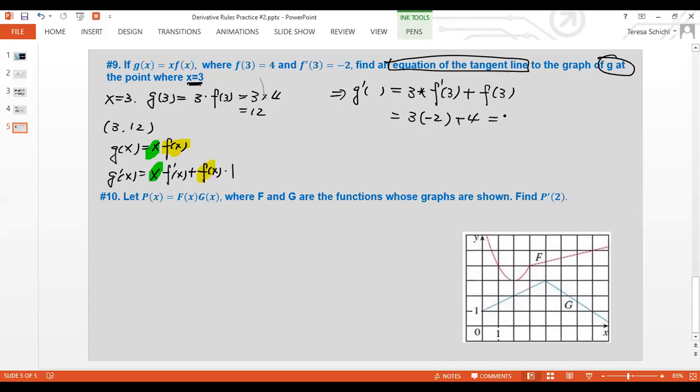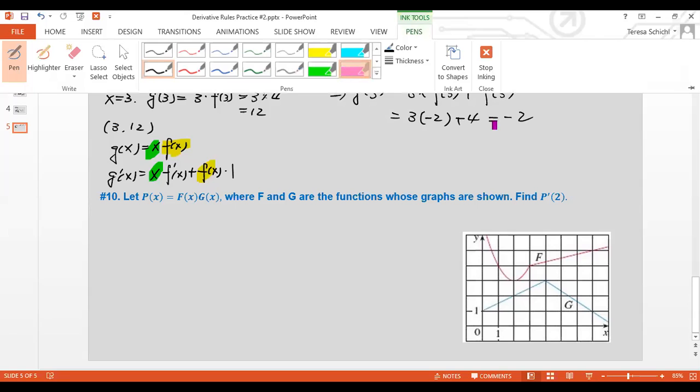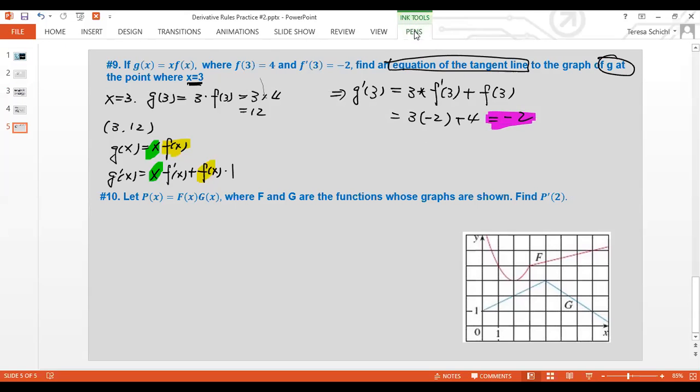So this will give you -2. So what is -2 here? It's the derivative at the point. Remember that it's very important. The derivative at this point, we call this the slope, right? After you have the slope and your point, now let's write down the tangent line. So y minus 12 is equal to -2, what?